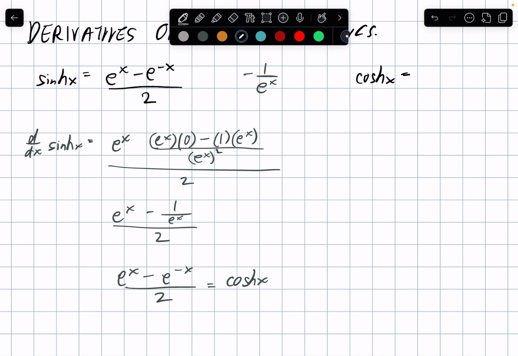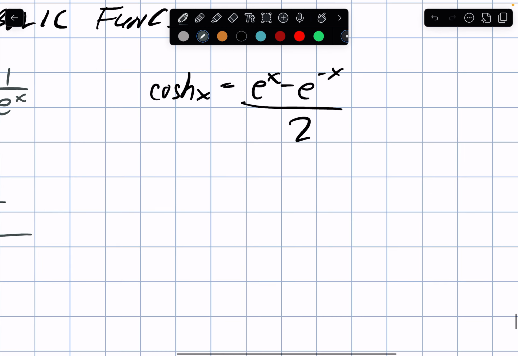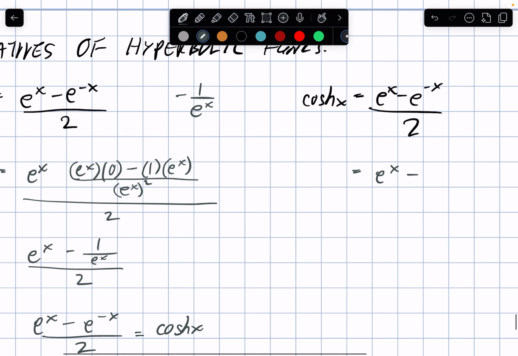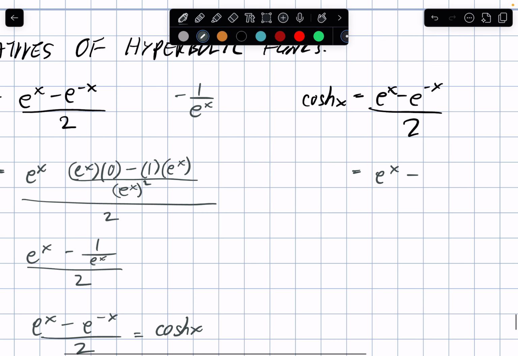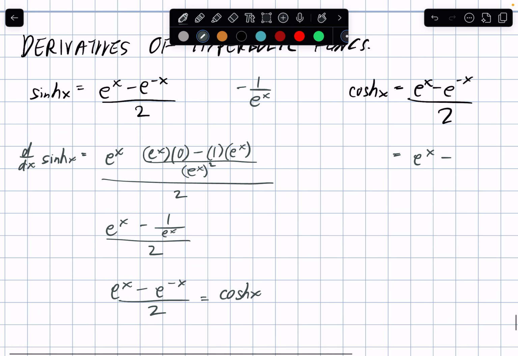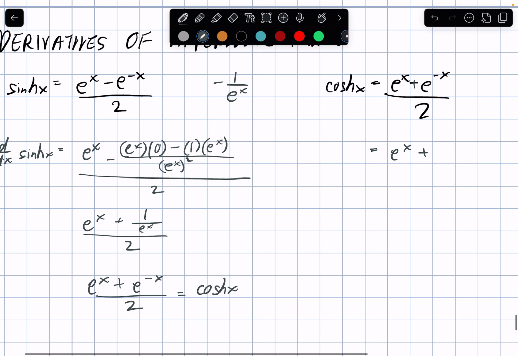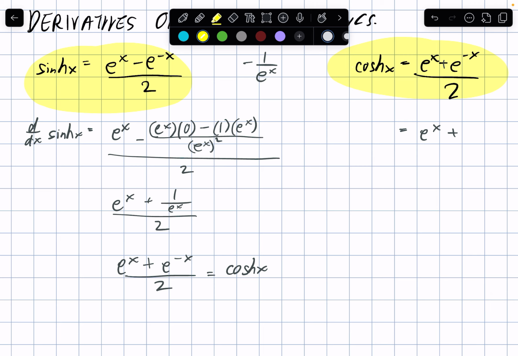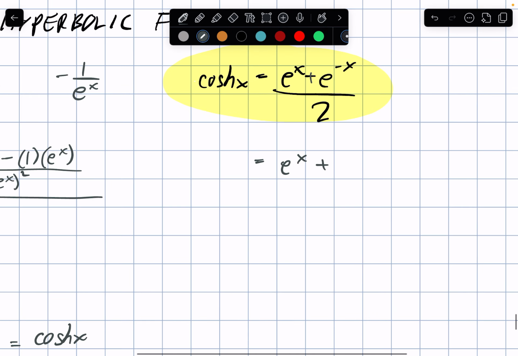So if you want to find the derivative of cosh x, let's give it a try. Sorry, wait. There's supposed to be a minus sign over there. That makes it a plus. So that's the main difference between this and this. It's the sign. I'm just trying to show a point.